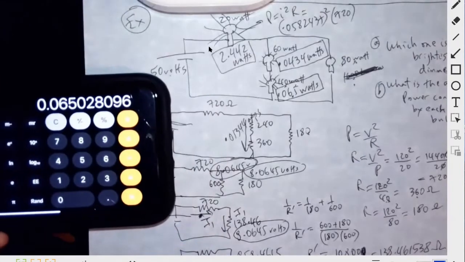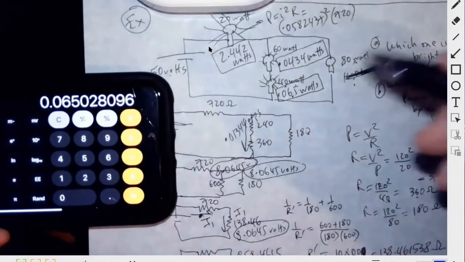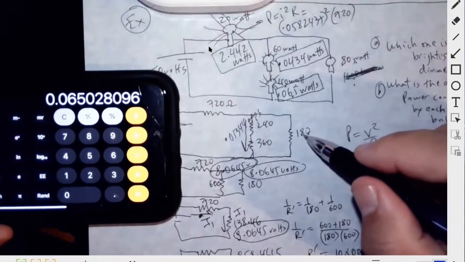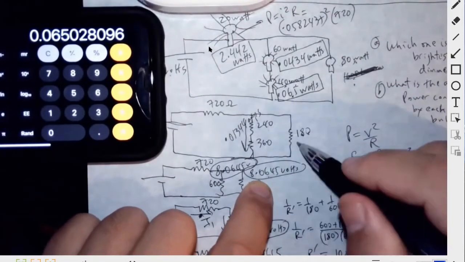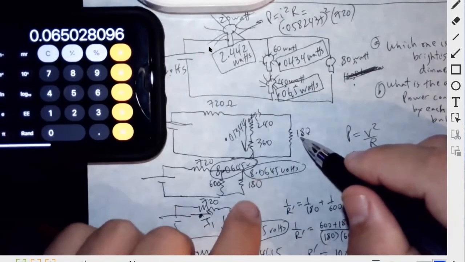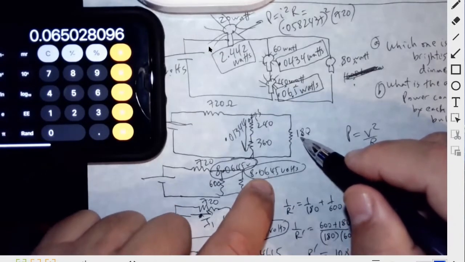How do we do that one? Well, I believe I know the voltage, right? Yeah, right here. I already know the voltage of this guy. And I never found the current, but I don't care.